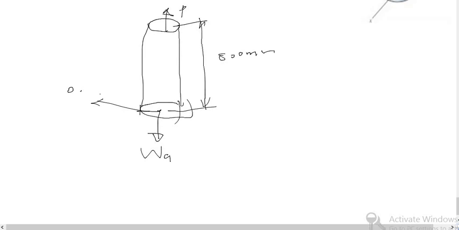Maybe if it is in terms of meter, or let's just take it in millimeter, so 200 millimeter.